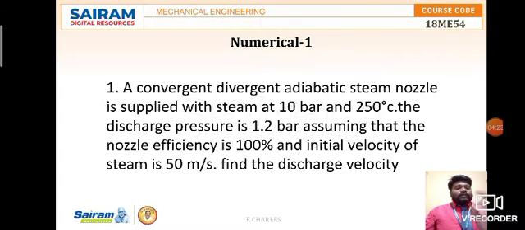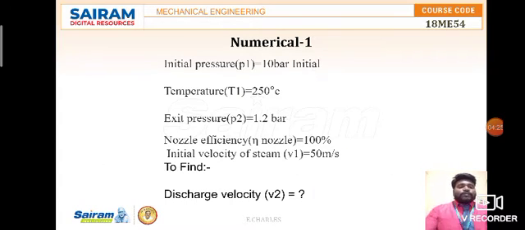So we'll move on to the given data. Initial pressure P1 is equal to 10 bar, temperature T1 is equal to 250 degrees Celsius, exit pressure P2 is equal to 1.2 bar, nozzle efficiency is 100%, which says there is no friction, and initial velocity of steam V1 is equal to 50 meters per second, that is, the velocity before entering the nozzle.